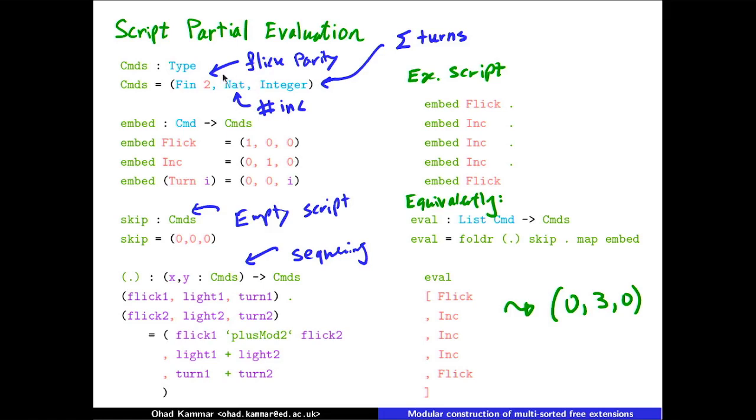Specifically, I'm going to represent it as a 0 or 1, an integer modulo 2, which is how many times I flipped the switch, because this is the effect that the script is going to have on the state. And then how many times I pressed the ink button, and the integer here is the total sum of me turning the handle around. A single command embeds into this just by putting the right numbers on the diagonal.